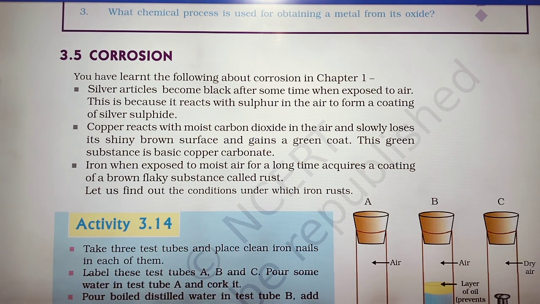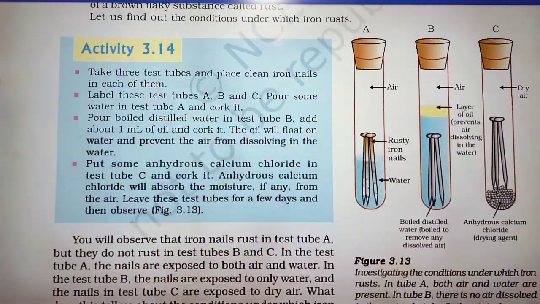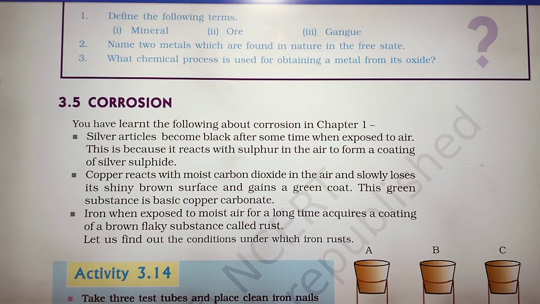It means when iron comes in contact with moist air for a long time, it acquires a coating of a brown flaky substance called rust. So the first one is about silver, the second one is about copper, and the third one is about iron.